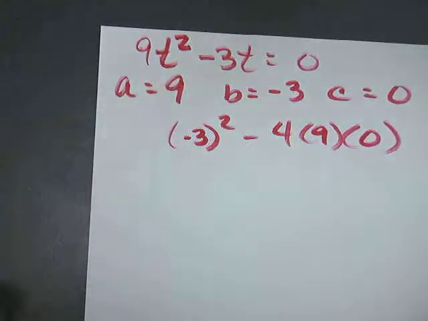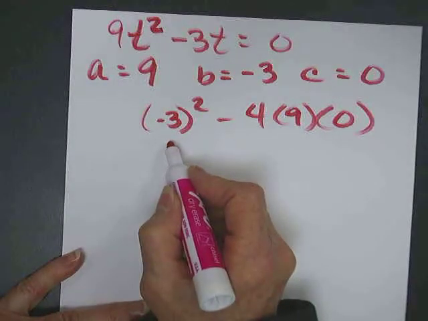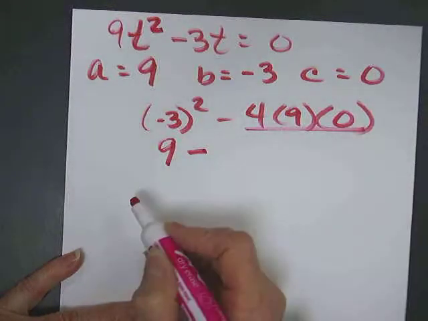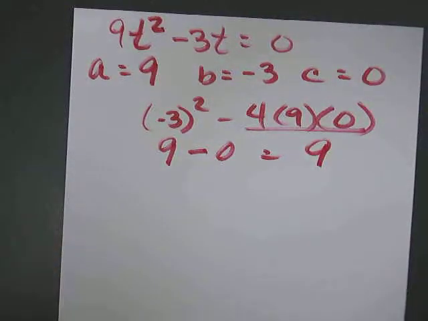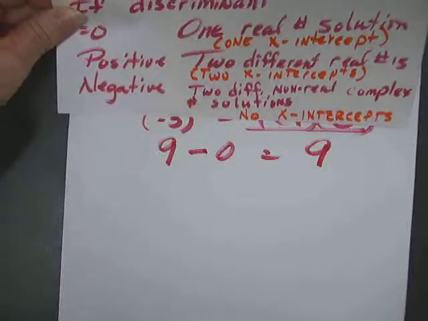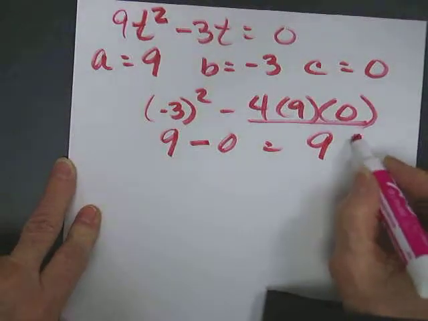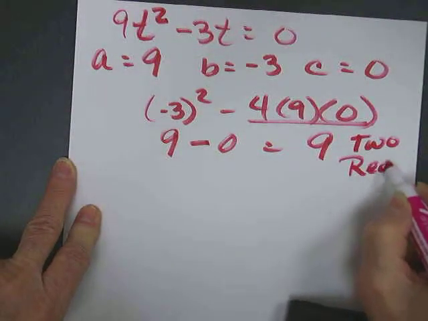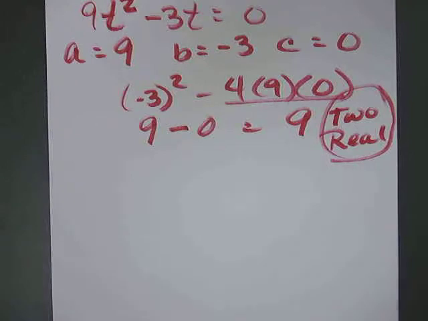So we have b squared minus 4ac. b is negative 3, and a and c, c is 0. So we have negative 3 squared is 9, minus 0. So it's a positive number. What kind of answers do you get when it's positive? Two different real numbers. And two intercepts. But it just wanted to know the solutions, so we don't have to know the intercepts.